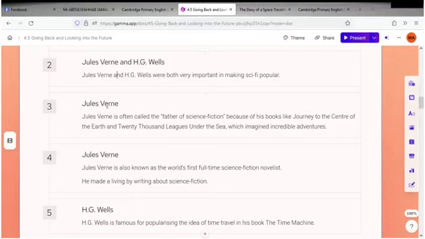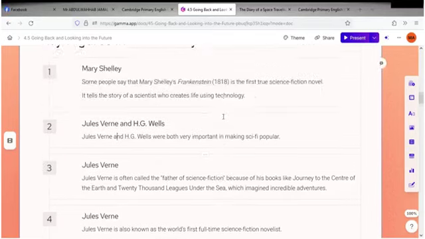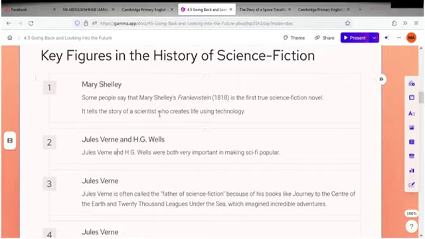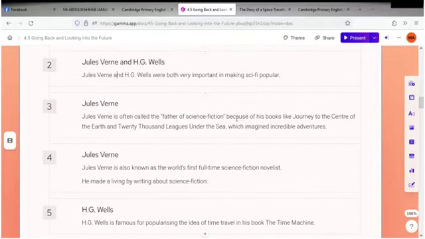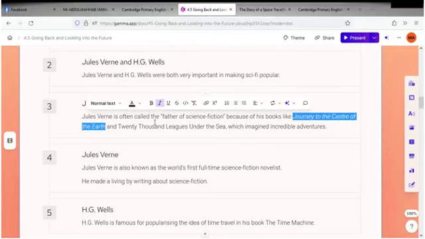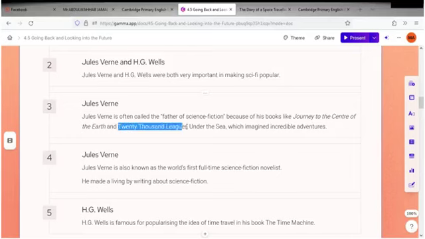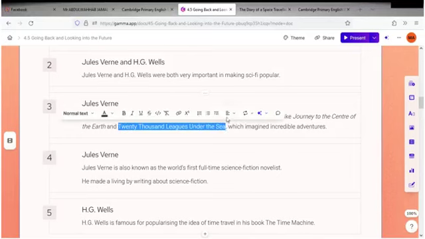So Jules Verne is often called the father of science fiction, if we can say that Mary Shelley is the mother, because of his books like Journey to the Center of the Earth and 20,000 Leagues Under the Sea.